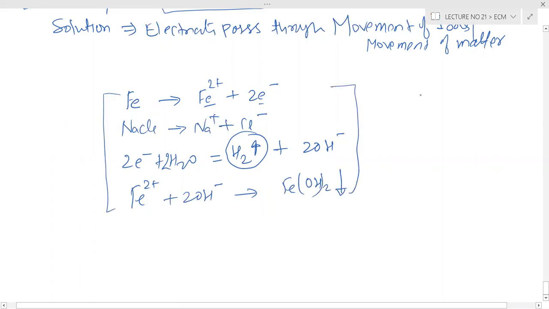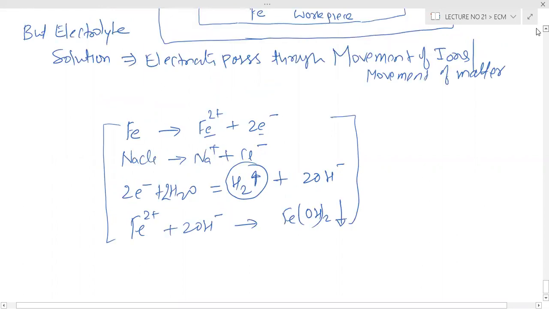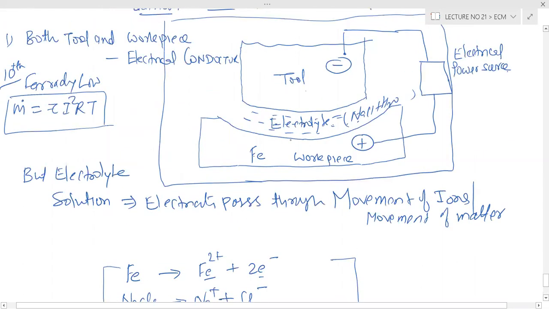So you have a tool and you have a workpiece. The workpiece loses ions, that is the movement of material, and electrons flow like this. Movement of ions will be there, and the material will be eroded. The workpiece is positive.